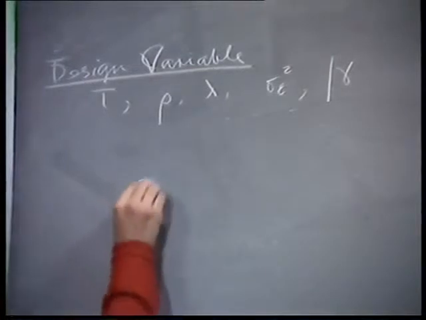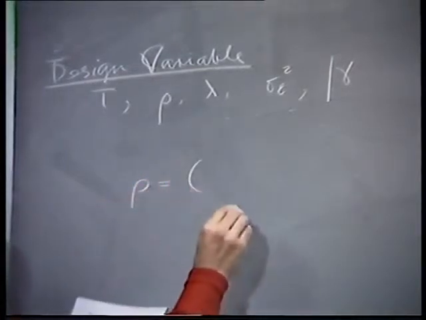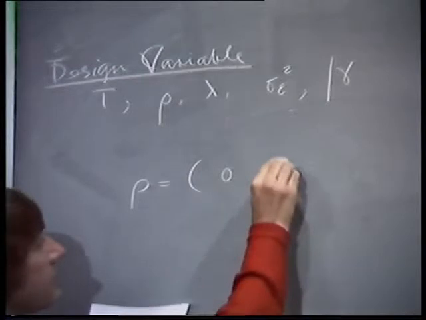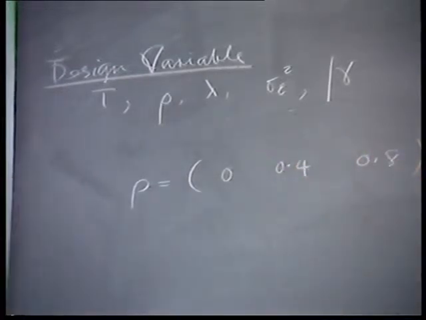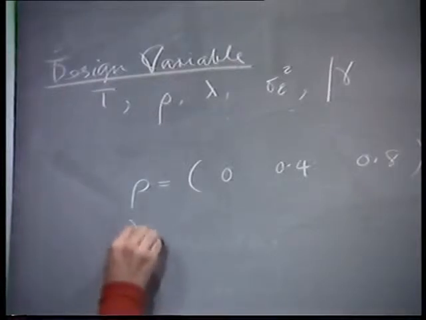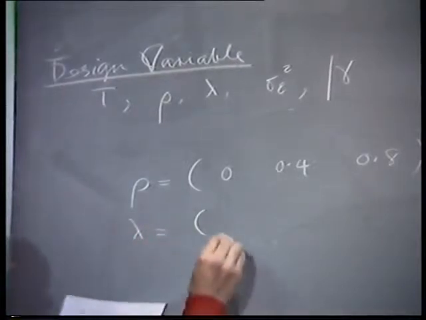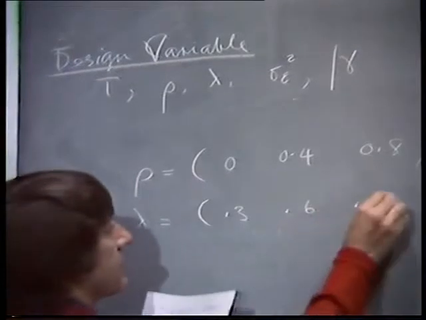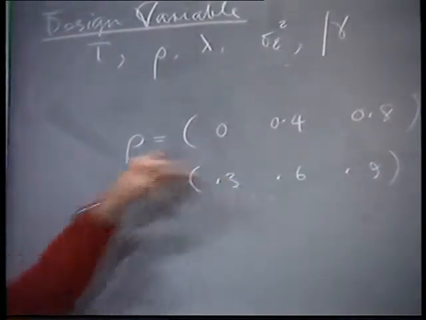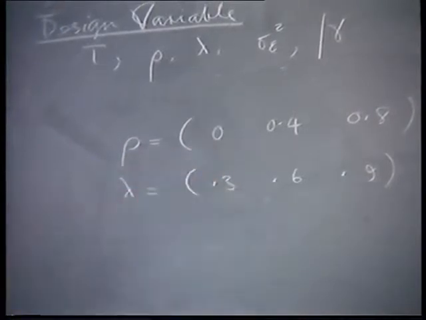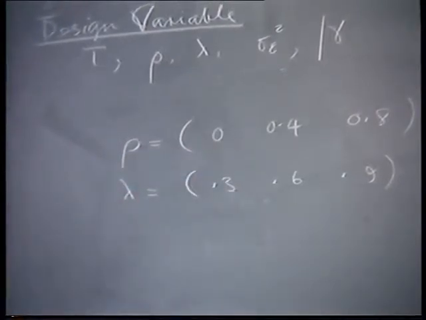Well, for rho, we use values of 0, 0.4, and 0.8. Lambda, 3 values of 0.3, 0.6, and 0.9. 0 comes in for rho so that we can evaluate the size of the test statistic when we have rho equal to 0.